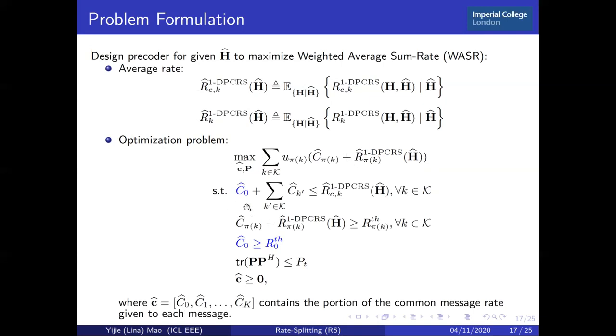The first constraint is to make sure that the super common string is decodable at each user. The second constraint is the QoS rate constraint of the unicast strings. And the third constraint is the QoS rate constraint for the multicast message. This problem is non-convex, and the expectation here leads to a stochastic optimization problem.